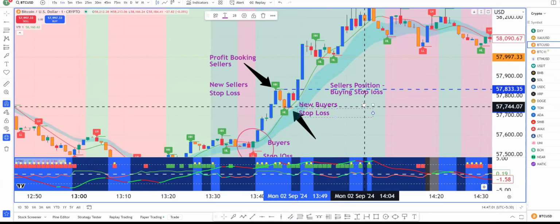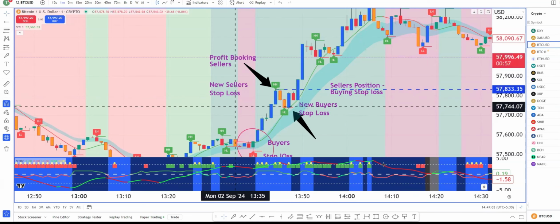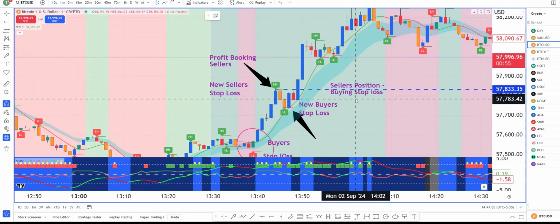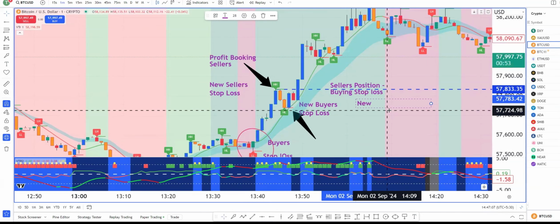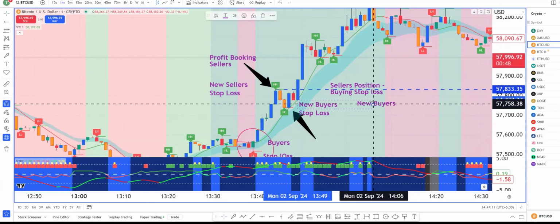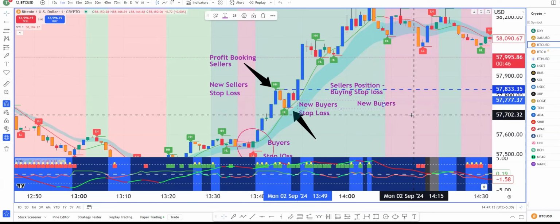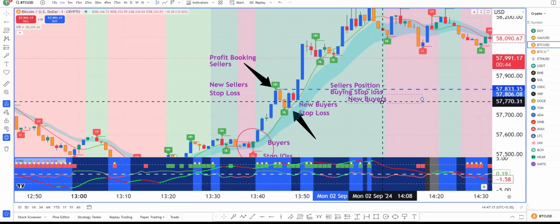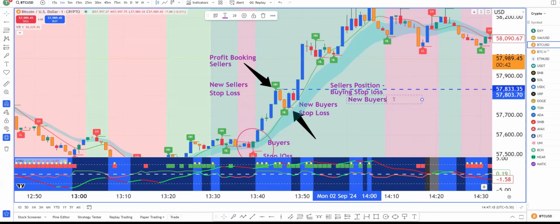Plus at the same time, there are new buyers coming in here. That is when this combination happens, that is when you are going to get huge momentum.